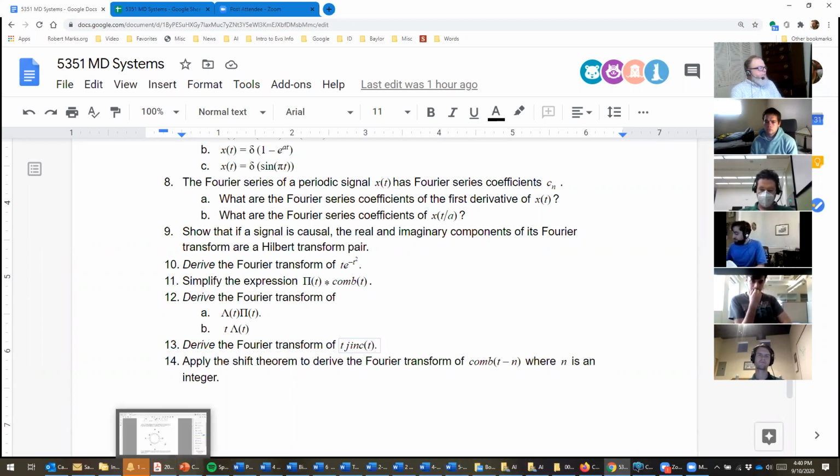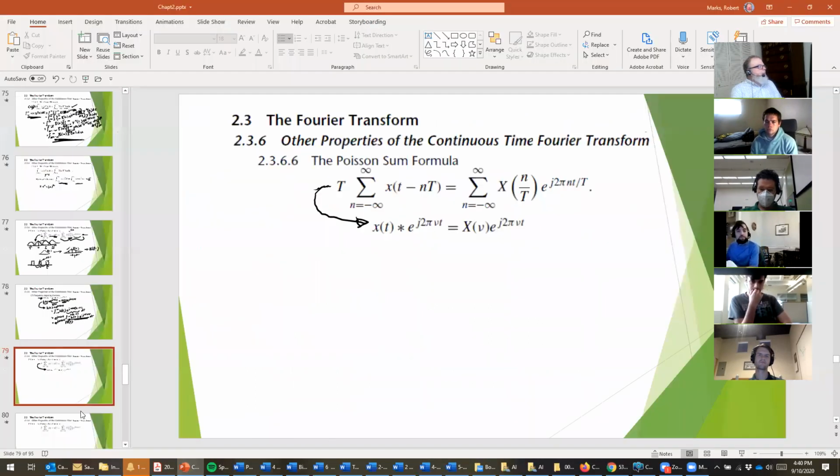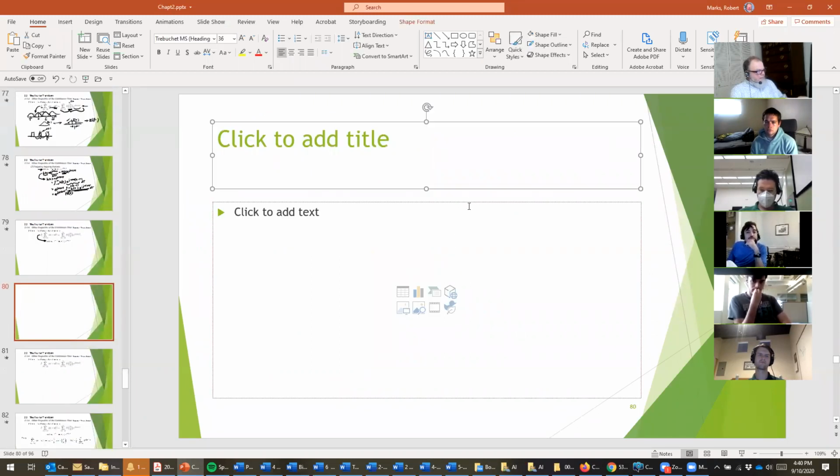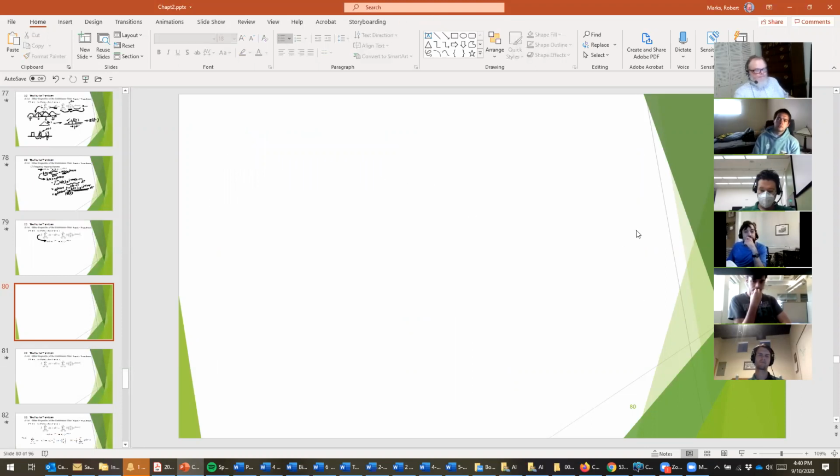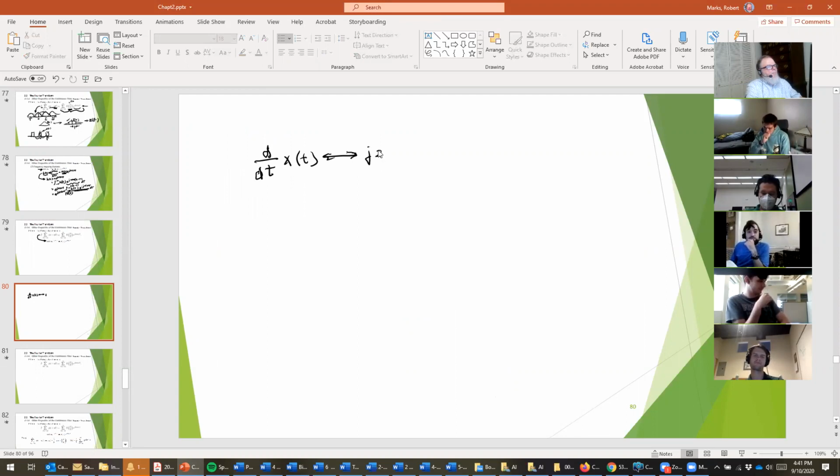Okay, here is the basic idea. The basic idea is that we know that the derivative of a signal Fourier transforms to j2πu times X(u), correct?